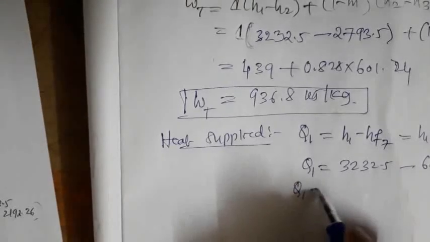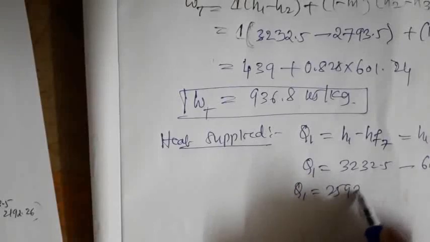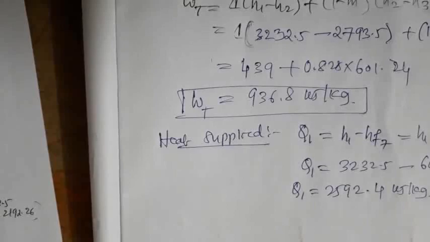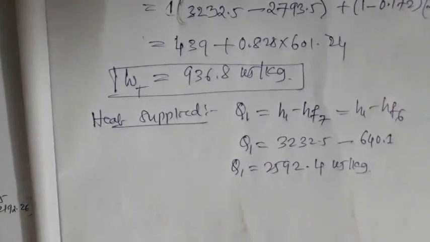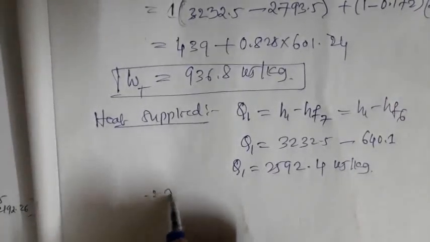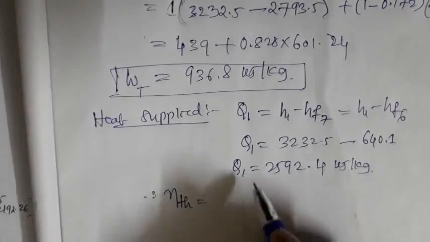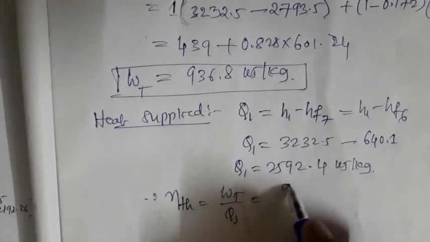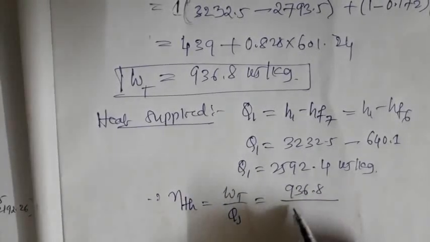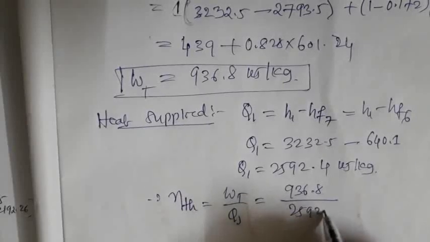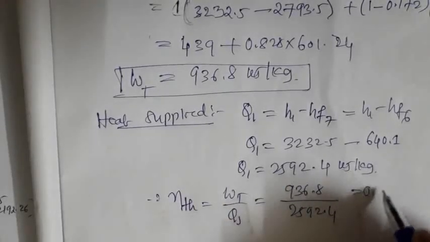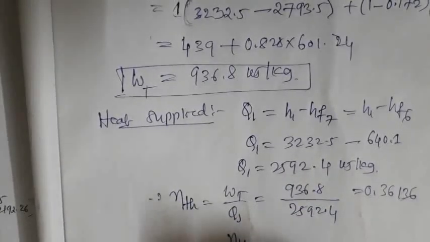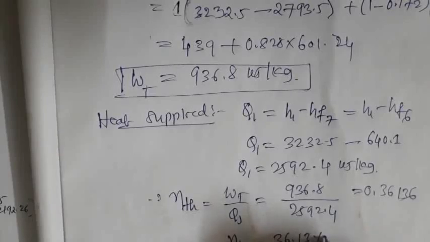So with this Q1 is 2592.4 kilojoule per kg. So now we'll be able to calculate the thermal efficiency. Thermal efficiency is equal to WT upon Q1, that is 936.8 divided by 2592.4, which is 0.36136. So therefore thermal efficiency is 36.13%.